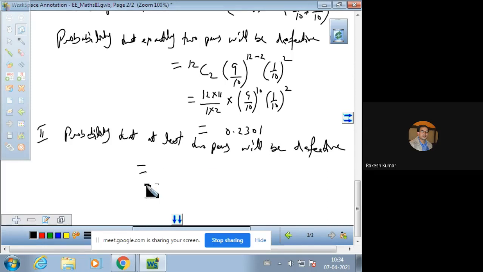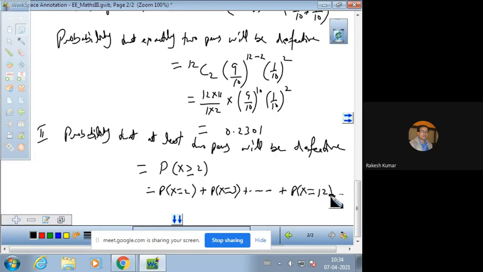Means to say that कम से कम 2 पेन ऐसे हैं जो defective हैं और उसके लिए हमने probability find करनी है. So at least 2 will be defective means probability x greater than or equal to 2. This we have to find out. And for this we have to find out probability x equal to 2, probability x equal to 3, and probability x equal to 12, because the maximum pens are 12.